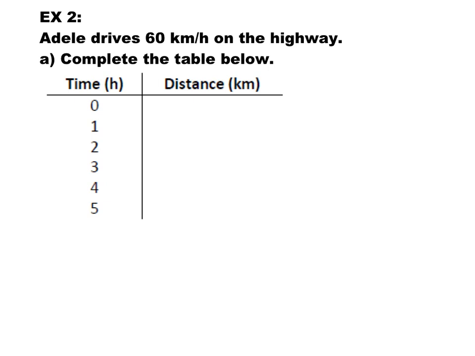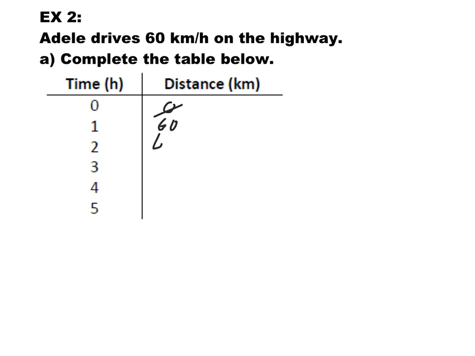The next problem says Adele drives 60 kilometers on the highway. Now we have to complete the following table of values. When time t is equal to 0, how much distance has Adele driven? Obviously it's 0. After 1 hour, every hour it drives 60 kilometers. After 1 hour is 60.